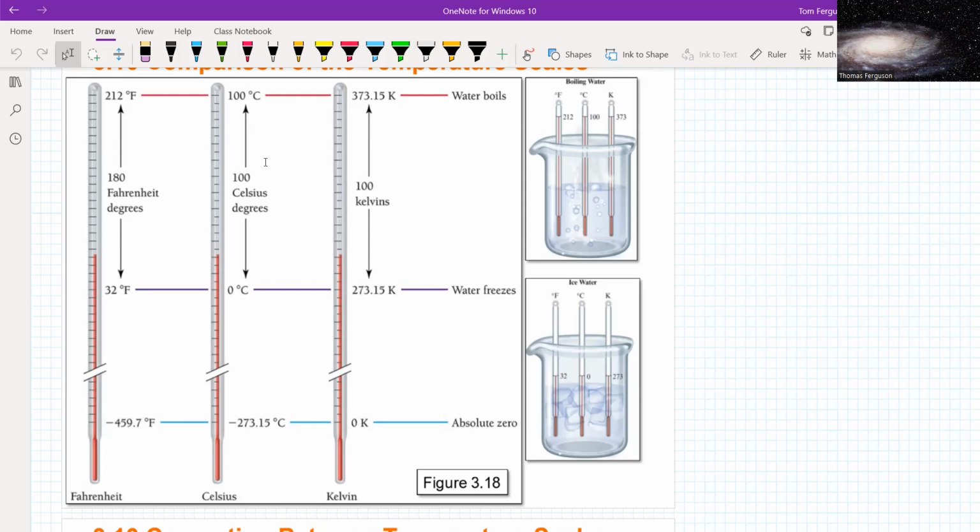The units are different, but the concept is exactly the same. So at absolute zero for Fahrenheit, there's a scale called Rankine, R-A-N-K-I-N-E. Engineers used to use that a lot. They don't use it much anymore. So again, temperature generically is a measurement of kinetic energy and motion of the molecules.